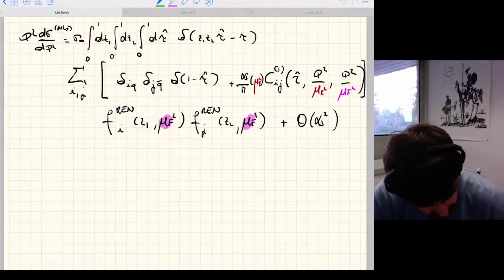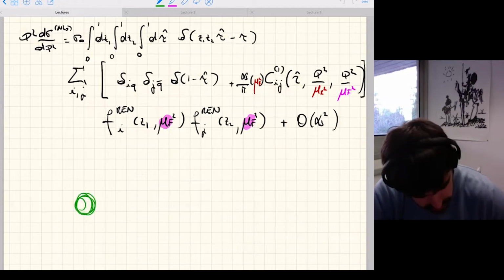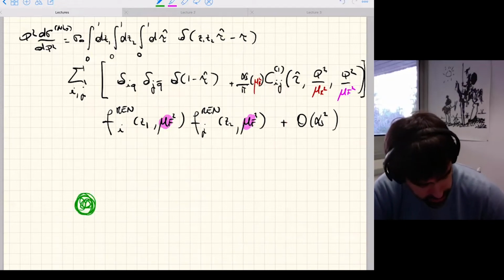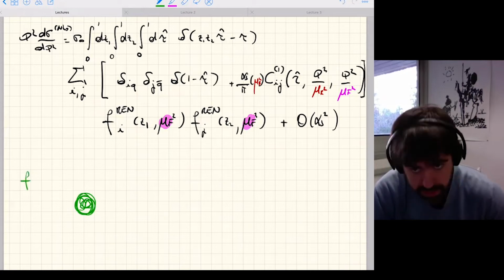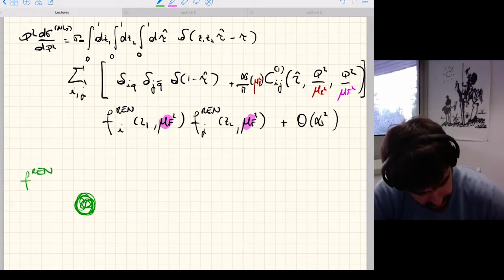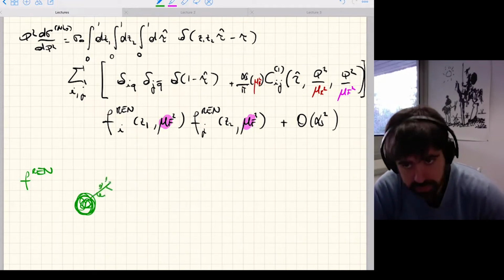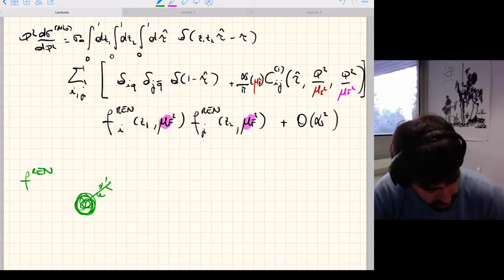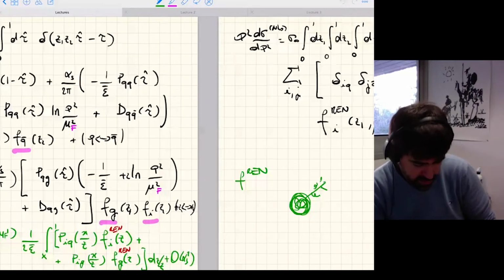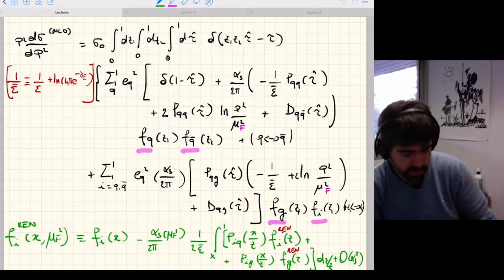Here I have my proton, and in perturbative QCD, the proton is really represented by a renormalized PDF. The renormalized PDF accounts also for some radiation. Some of this radiation is put into the renormalized PDF by this operation here.